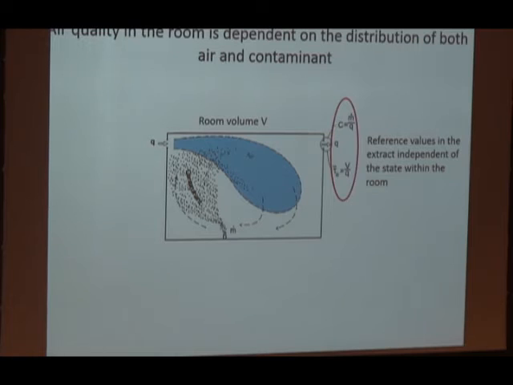In the red I marked the reference values that are dependent on the flow. And I don't see the red point. It's down here. You see, these are reference values that are totally independent of the flow. It's just continuity. What goes in goes out.